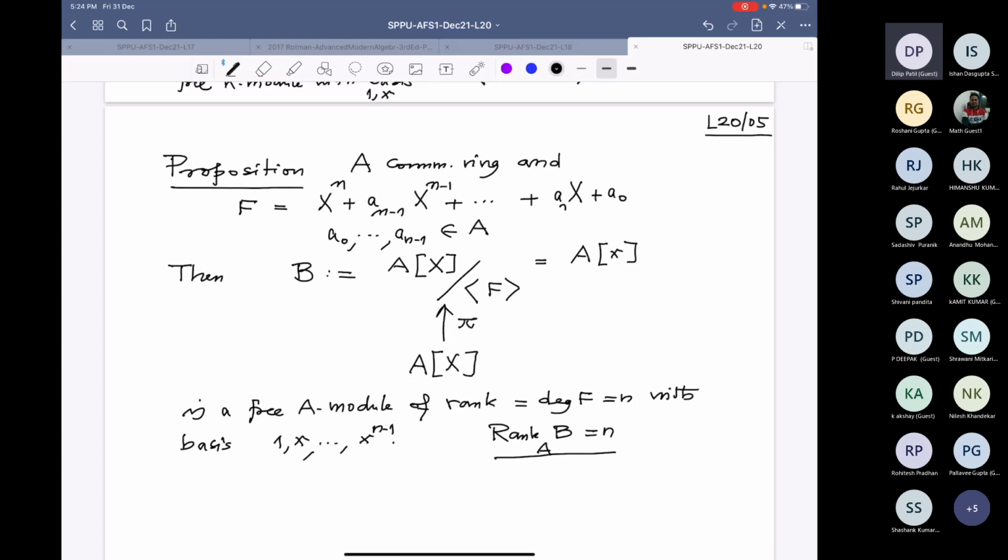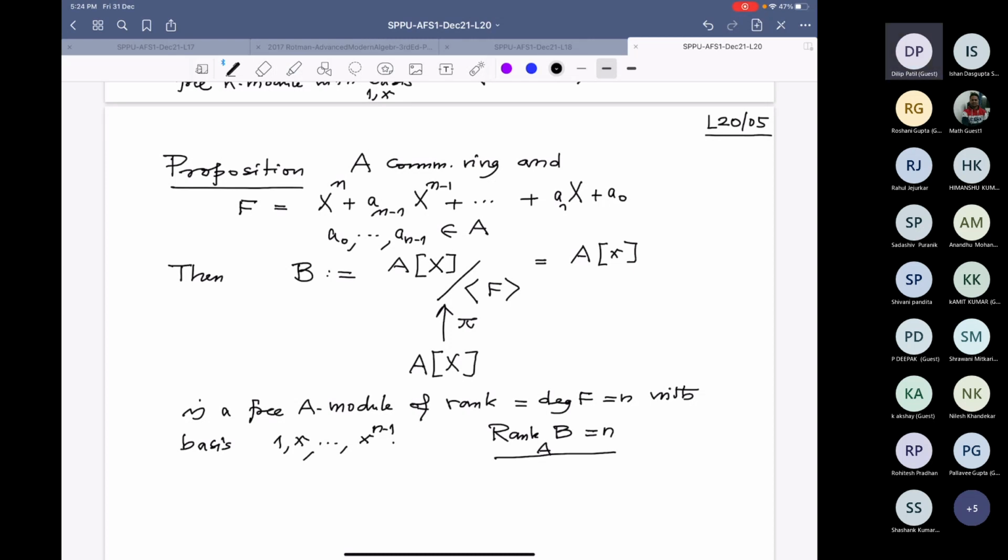Division by an arbitrary polynomial over an arbitrary commutative ring doesn't make sense. But if your polynomial is monic, you can perform the division algorithm and write quotient and remainder, and the remainder will have degree strictly less than the degree of the monic polynomial. So in this case, it is n minus 1. So the remainder may have degree up to n minus 1.